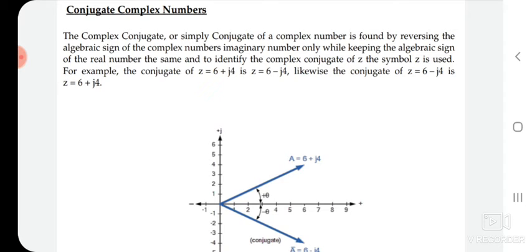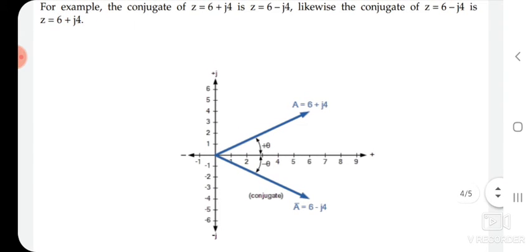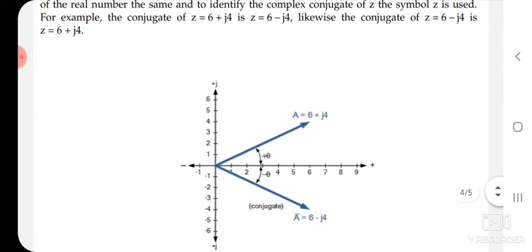Its complex conjugate can be represented by 6 minus 4i. Likewise, the conjugate of 6 minus 4i is 6 plus 4i.